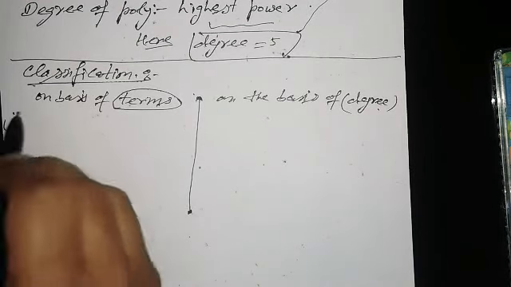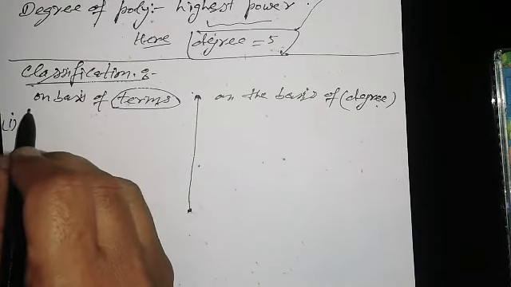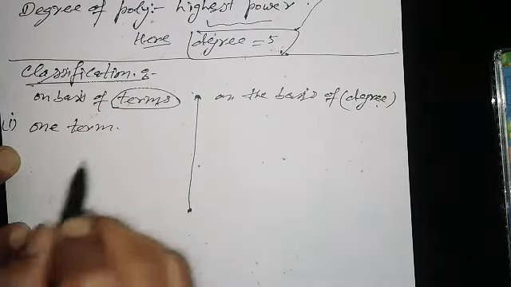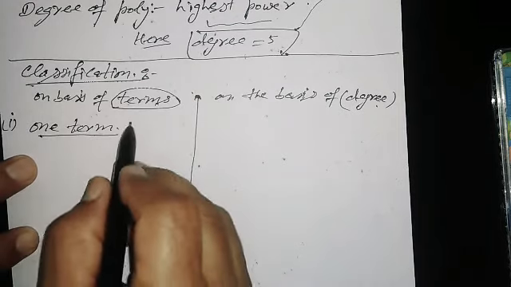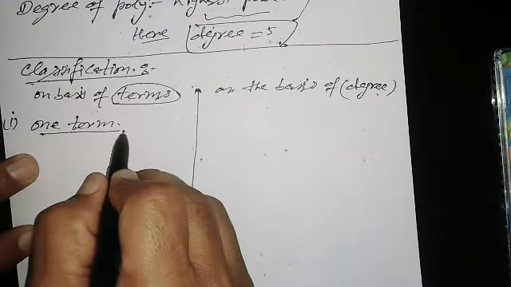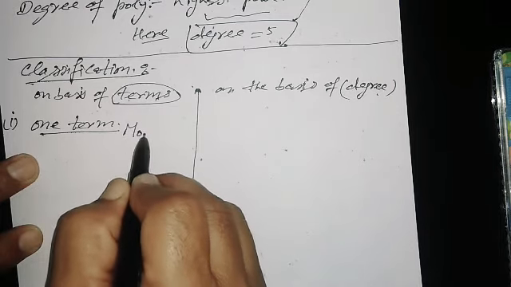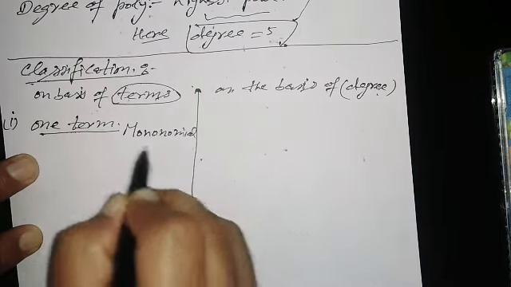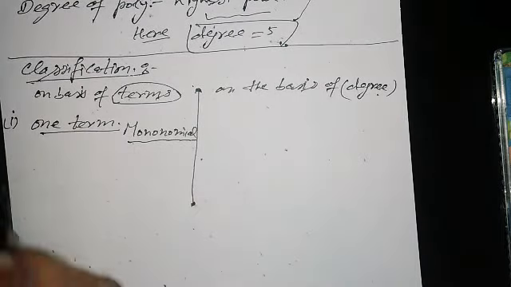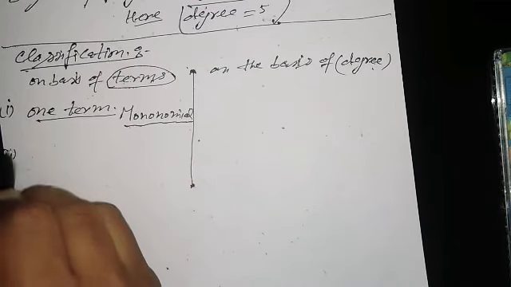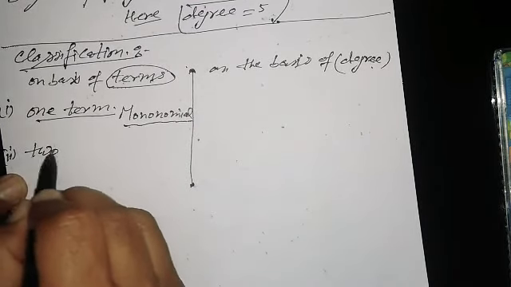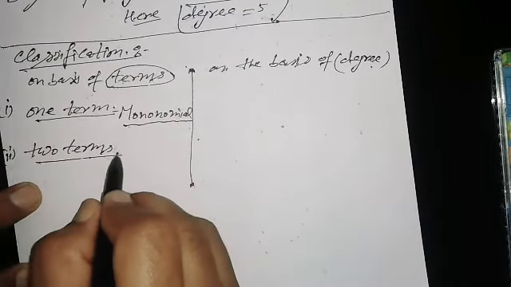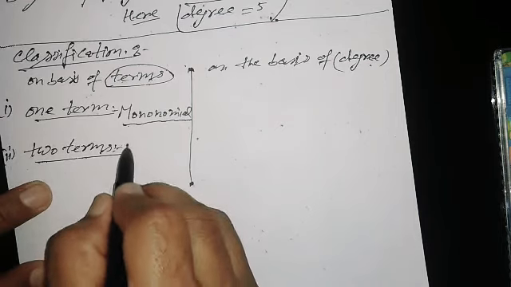First, if a polynomial containing just one term, this is called monomial. Right? Second, if it has two terms, then it is called binomial.